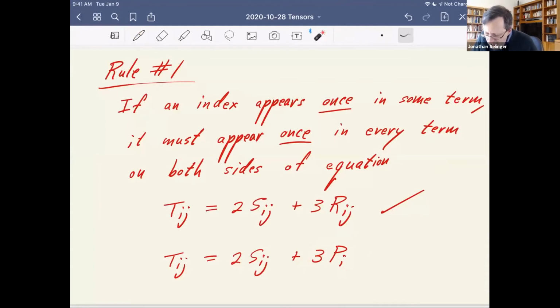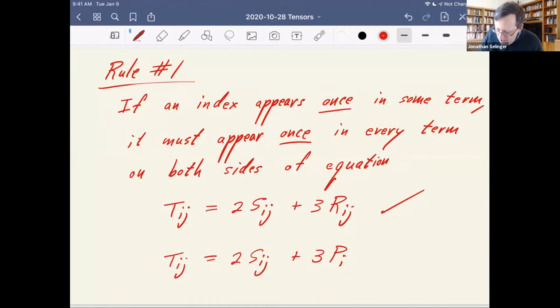And so this is not the kind of equation where we can say, oh, this has to be true for j equals x or y or z. Okay? So this equation violates rule number one.